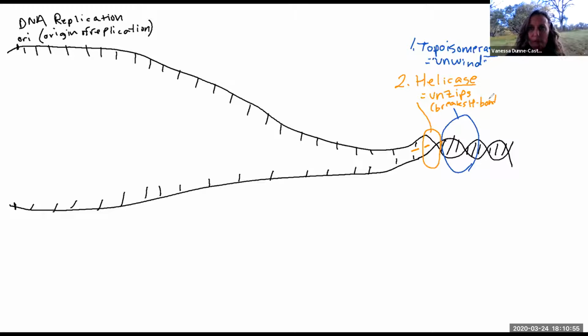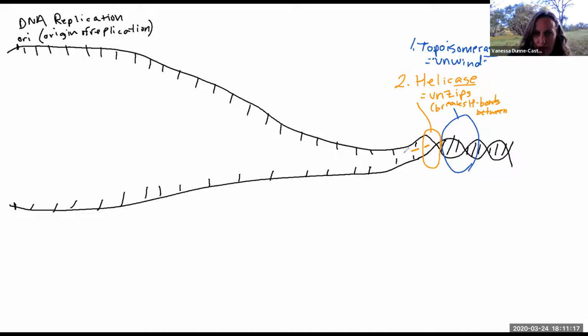Breaks hydrogen bonds between. I need a bigger screen. Breaks hydrogen bonds between.